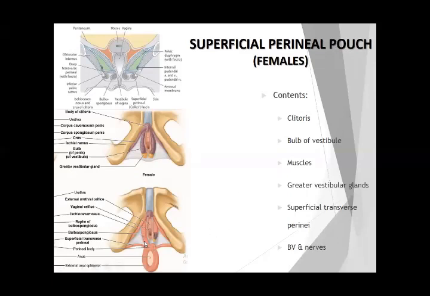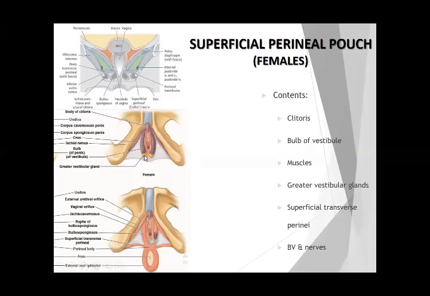This is the bulbospongiosus in the females, one on either side, cut in half. So this is the bulbospongiosus, one on either side. And this is the ischiocavernosus, okay? Covering the crus. Then you have the greater vestibular glands posteriorly.